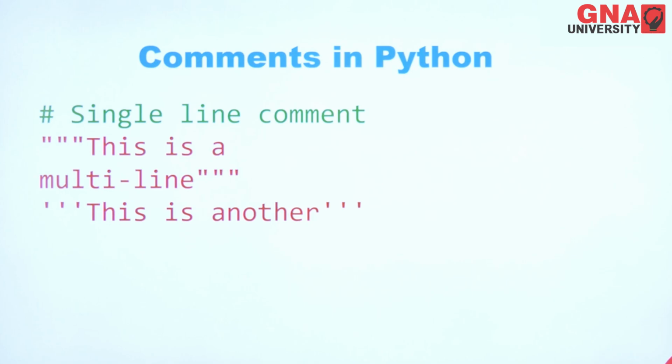Single line comments are denoted with the hash symbol and continue until the end of the line. Anything after the hash on the line is considered a comment. Multi-line comments are enclosed within triple quotes, which may be double inverted quotes or single inverted quotes.